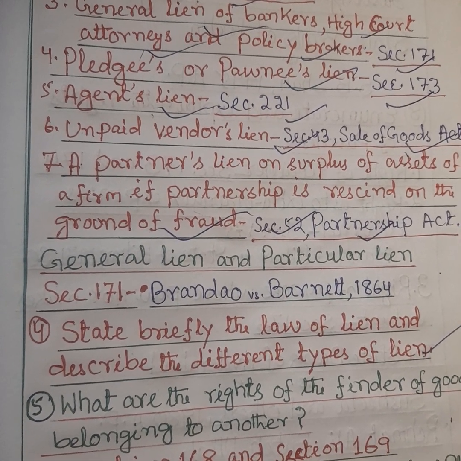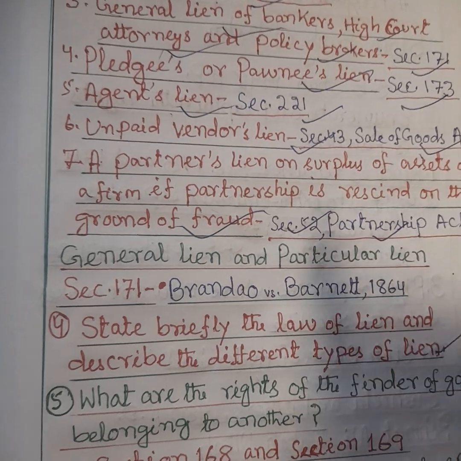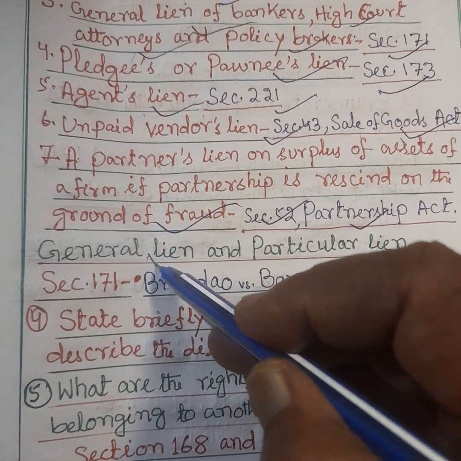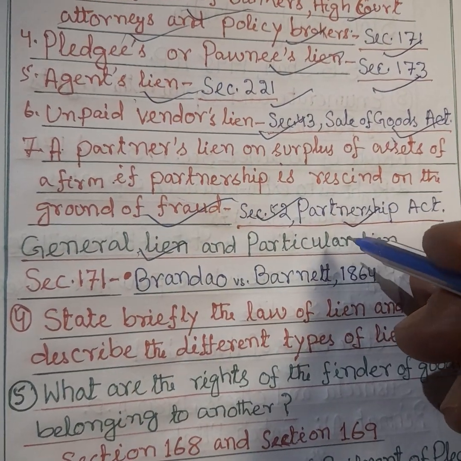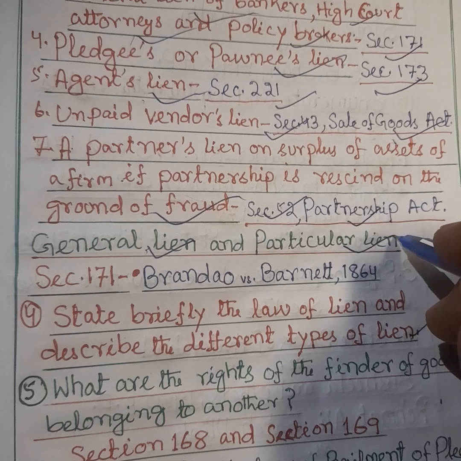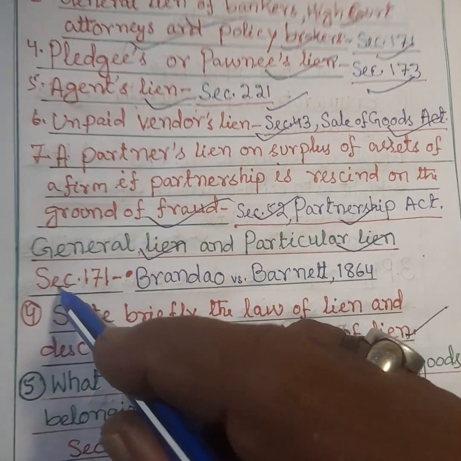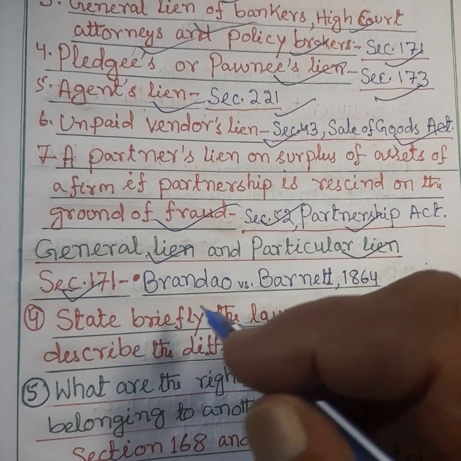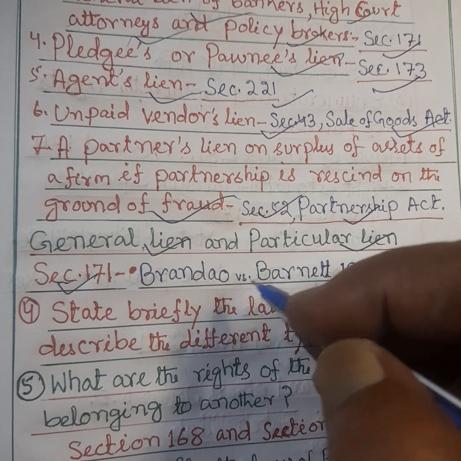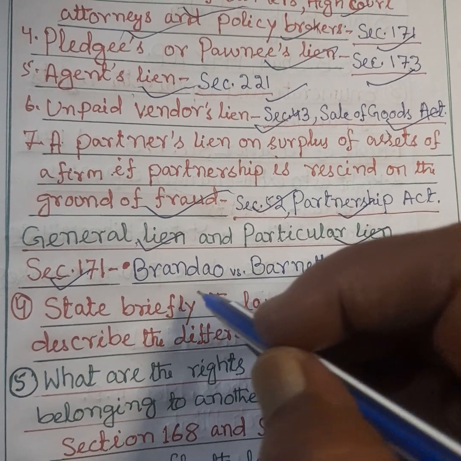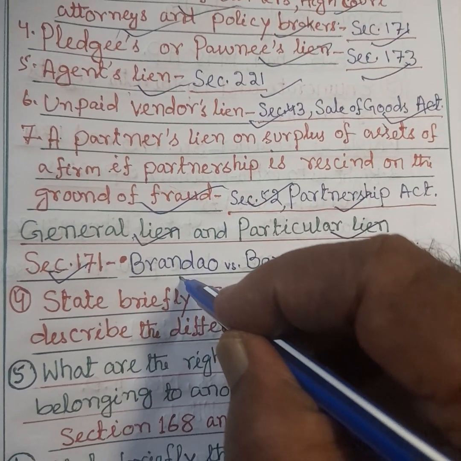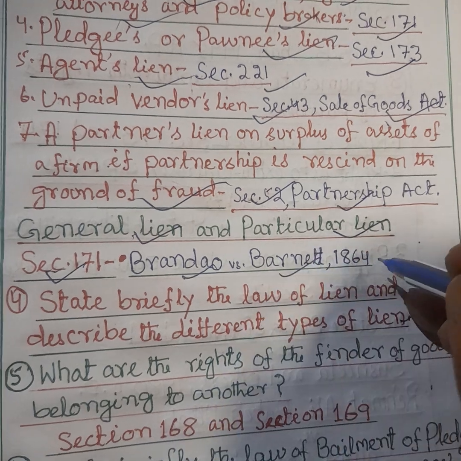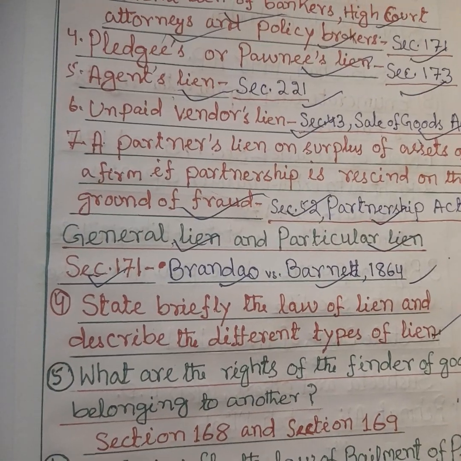So now we'll discuss the difference between general lien and particular lien as provided under section 171, and regarding that we'll also discuss a leading case, Brandao versus Barnett in 1864.